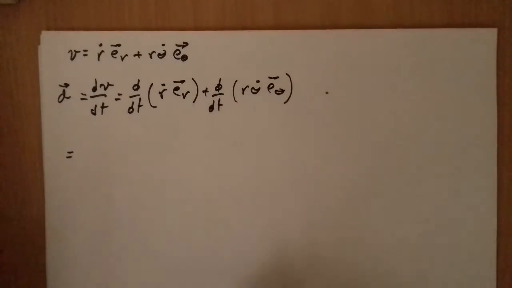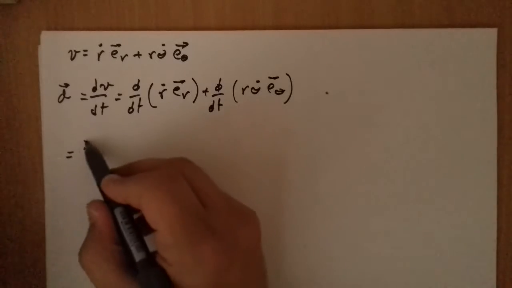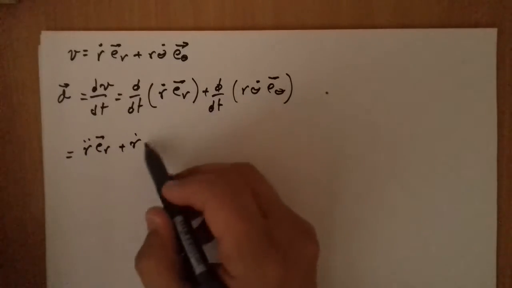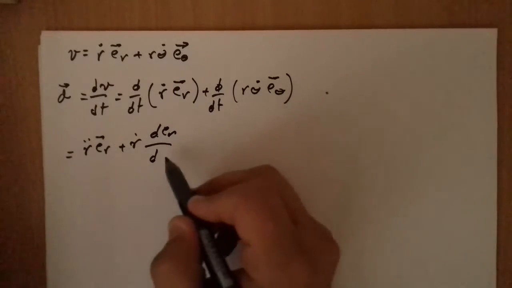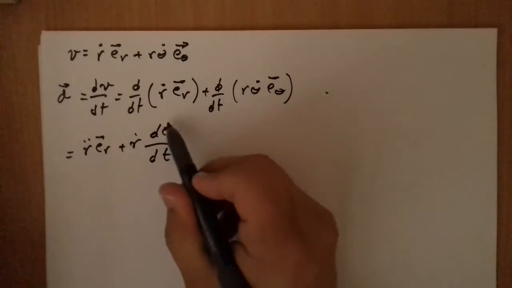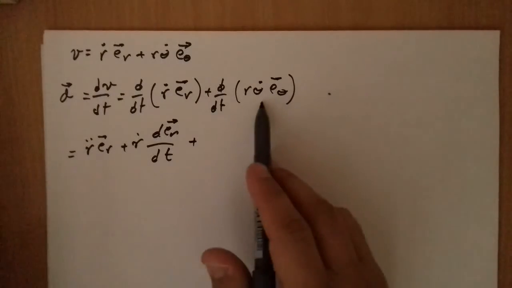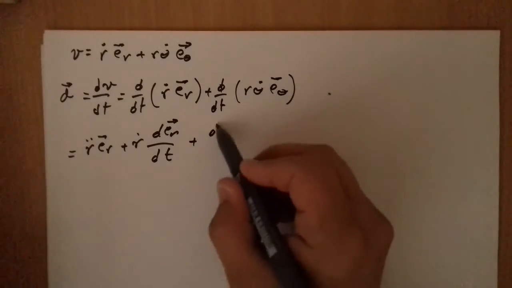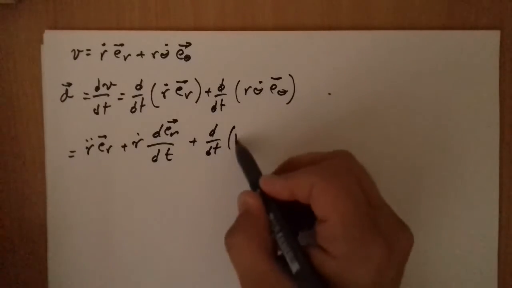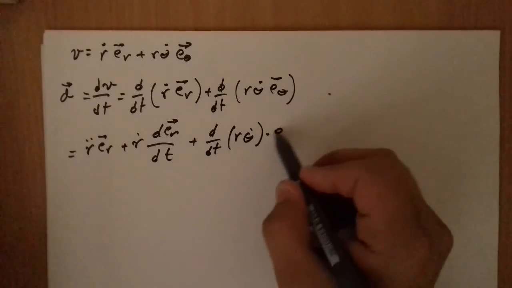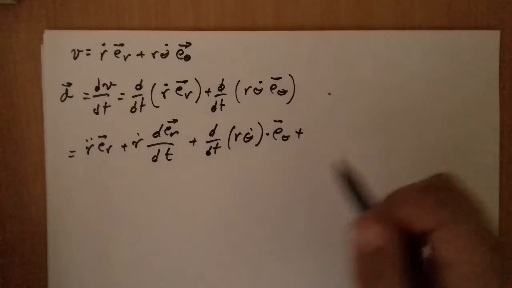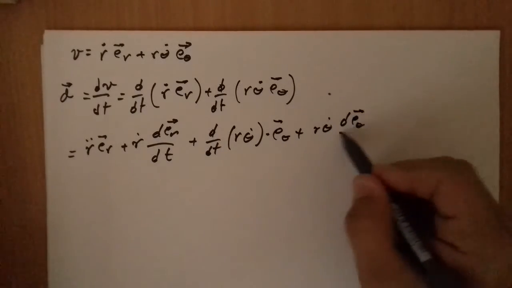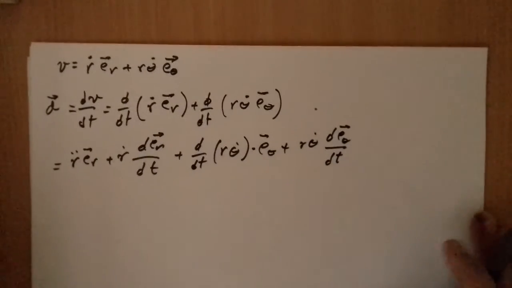And this is equal to r double dot e r plus r dot de r by dt plus, so this one is like this, d by dt of r theta dot times e theta plus r theta dot de theta by dt.